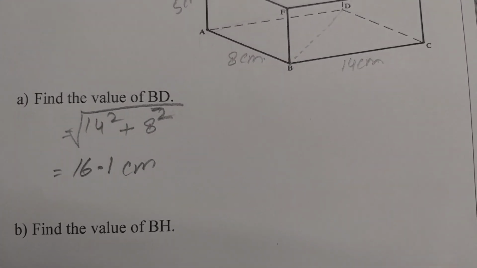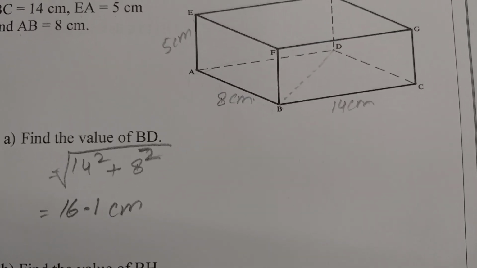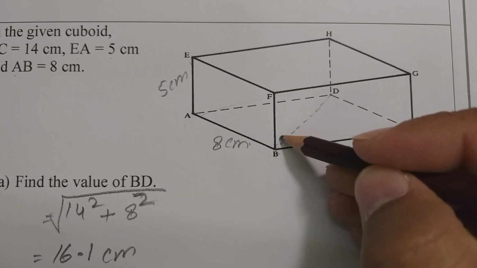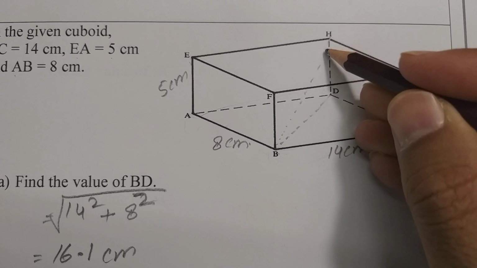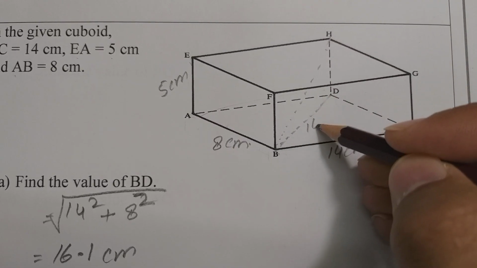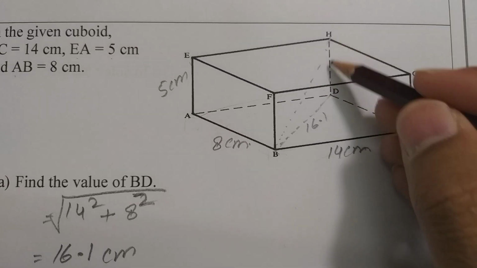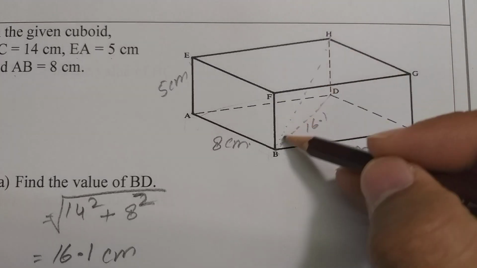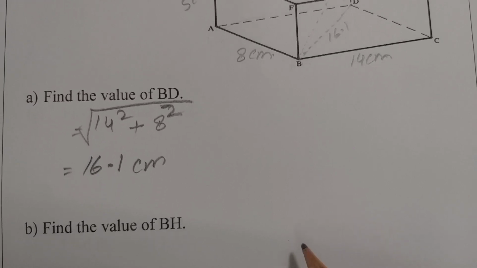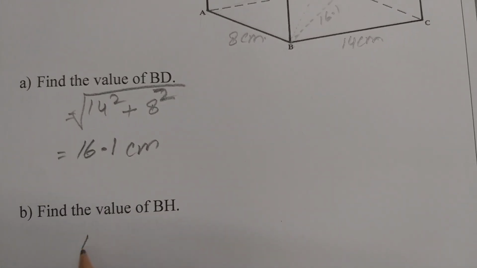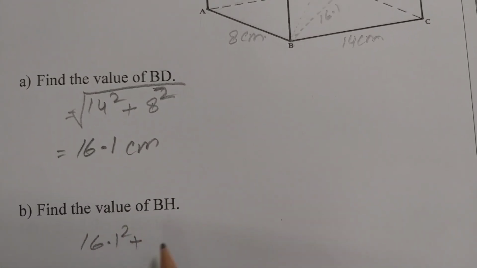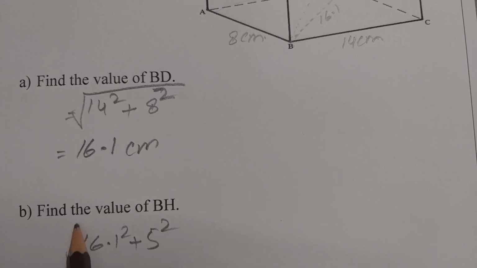Okay, we need to find BH. This is BH. We need to find this value. So we found this one, which is 16.1. Again, this length is 5 centimeters. This is 16 centimeters. Again, we find the longer side. So it is equal to the square root of 16.1 squared plus 5 squared.